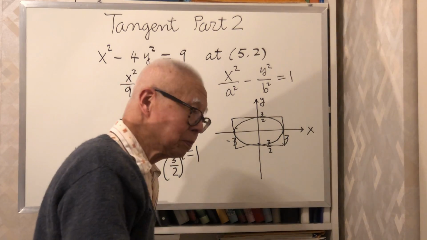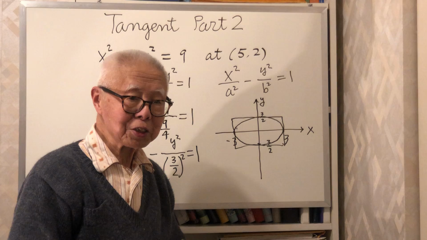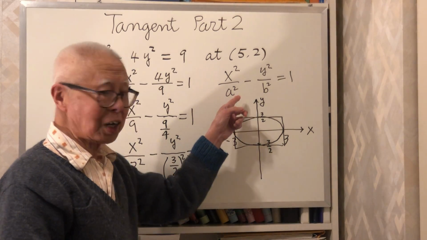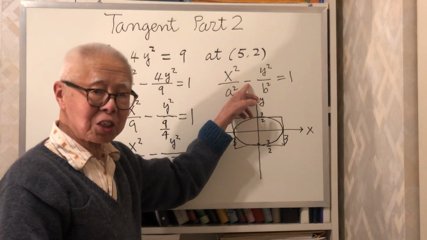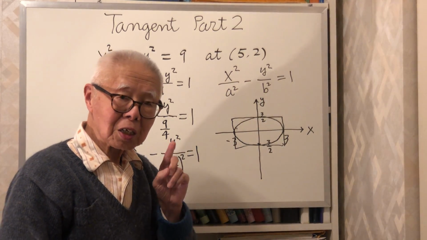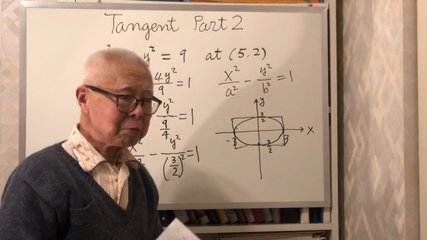Oh, sorry, I just made a mistake. It's not an ellipse. If this is plus, it's an ellipse. But this is minus, so it is a hyperbola.